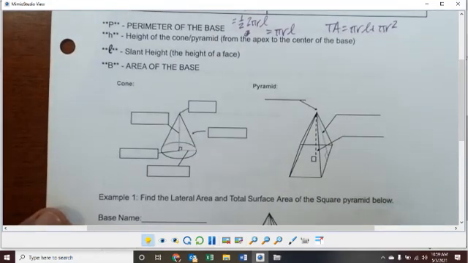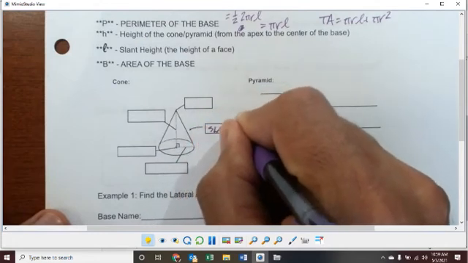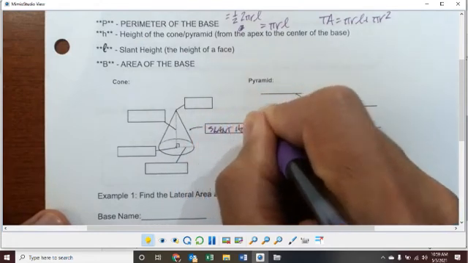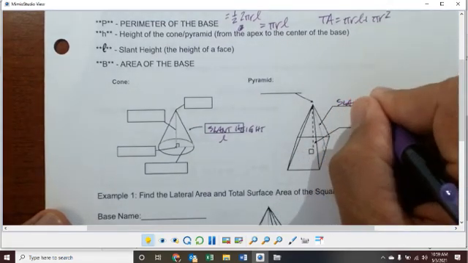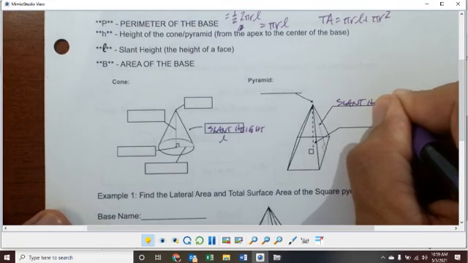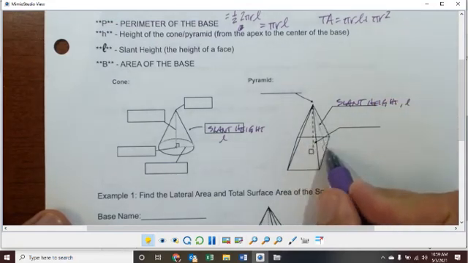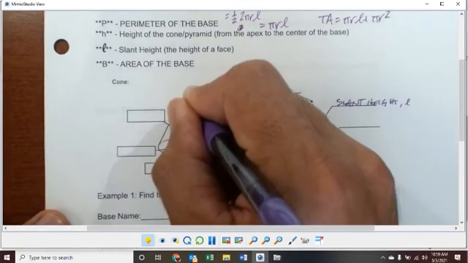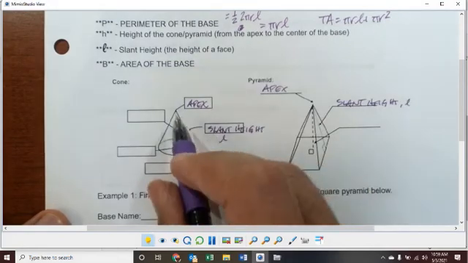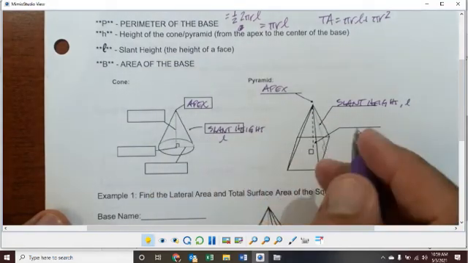So in our cone, this right here is the slant height, L. Over here, this is our slant height. It's this distance measured along the face from the apex, which is the top, down to the side of the base.